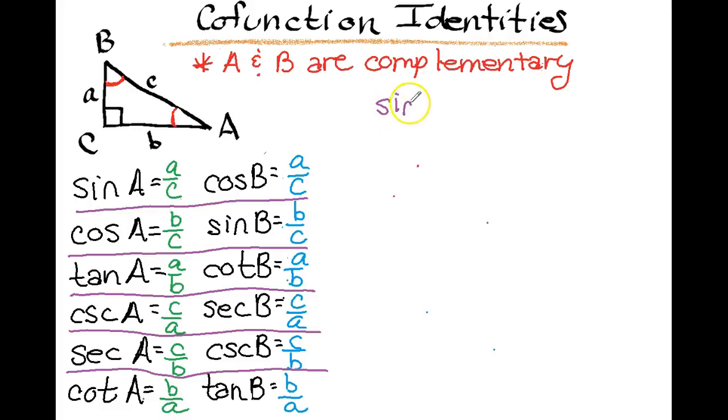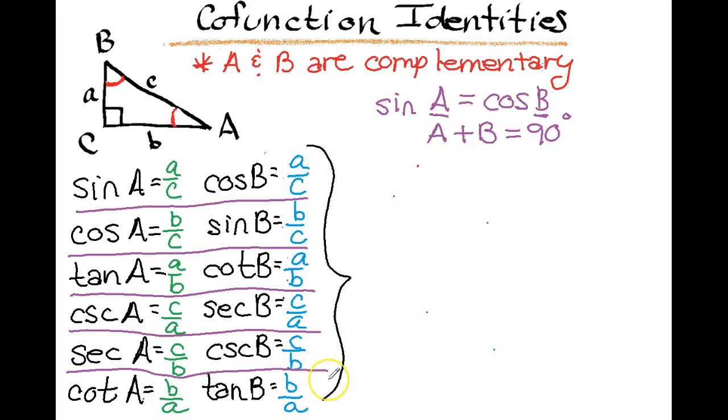So if I'm given something that looks like sine of A equals cosine of B, knowing that sine and cosine are equal and their angles must be complementary, I know that A plus B has to equal 90 degrees.